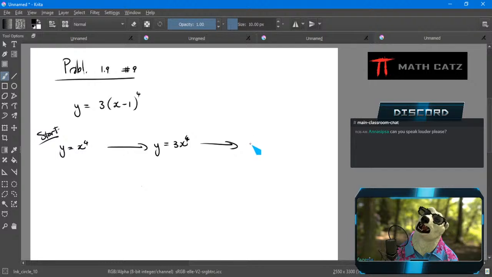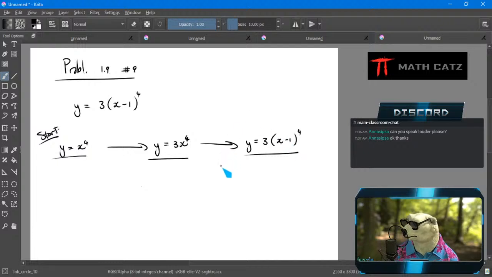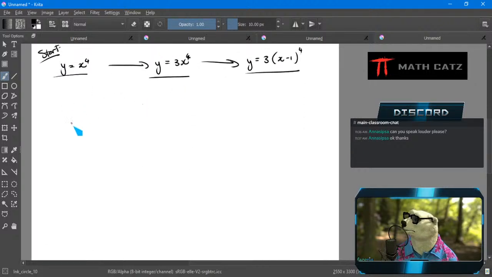And then I will replace x with x minus 1, giving y equals 3 times x minus 1 to the 4. Okay, so that is my sequence of transformations, right? So now, if my basic graph looks like a parabola, that's okay. It's definitely in the same family.